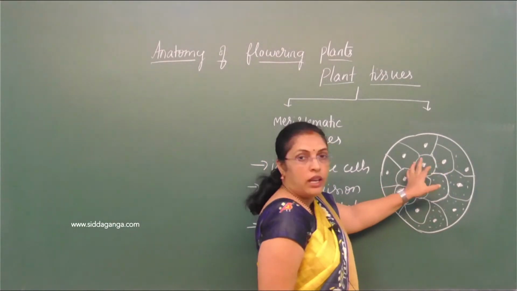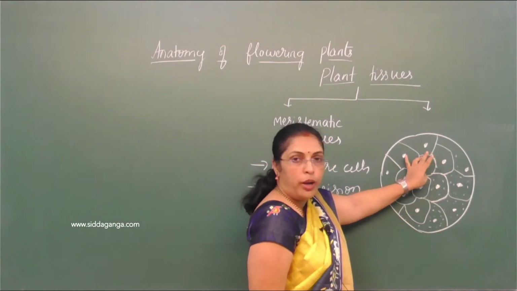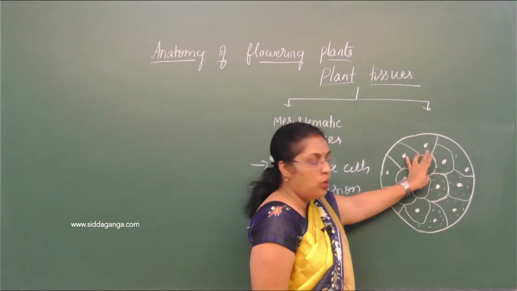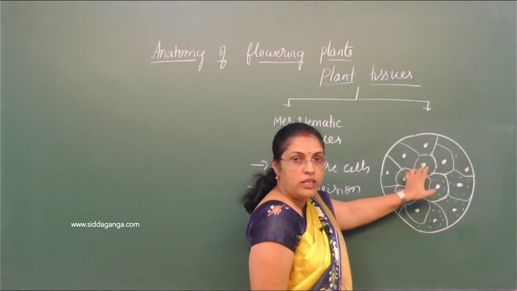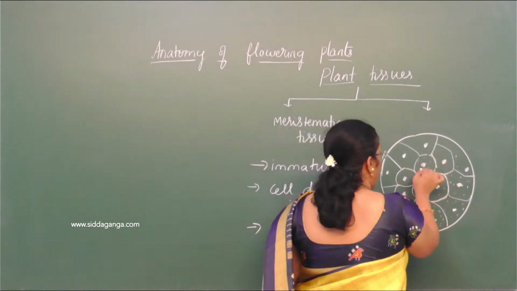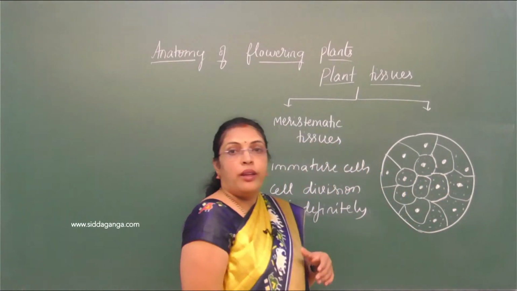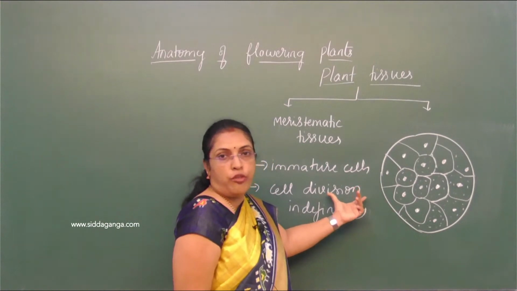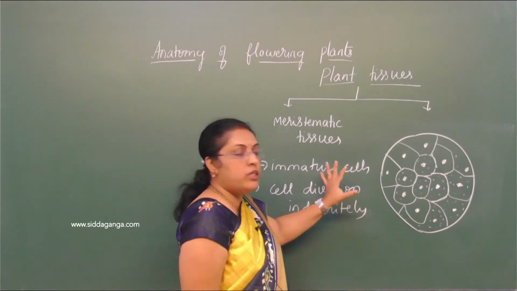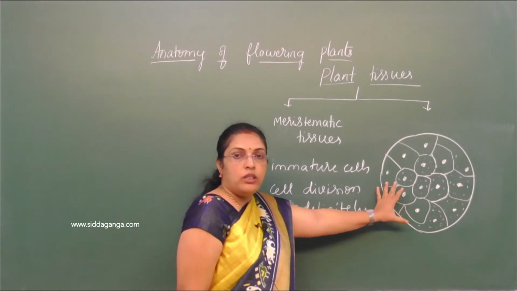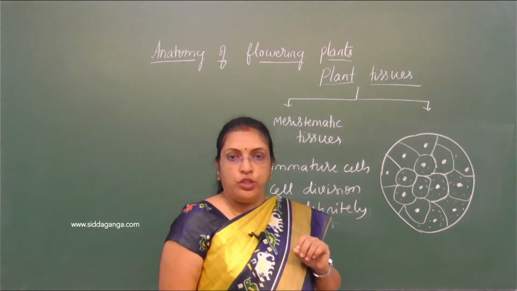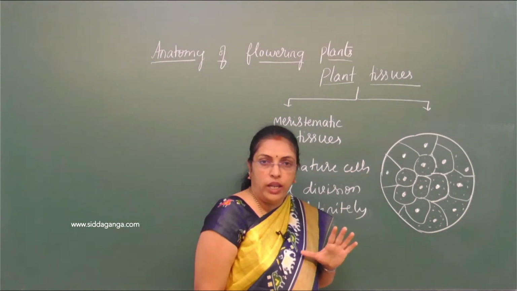Cells have thin cell wall made up of cellulose with a prominent nucleus and dense cytoplasm. The cells are in active state of metabolism and they will not store any food. Understood? They will not store any food.